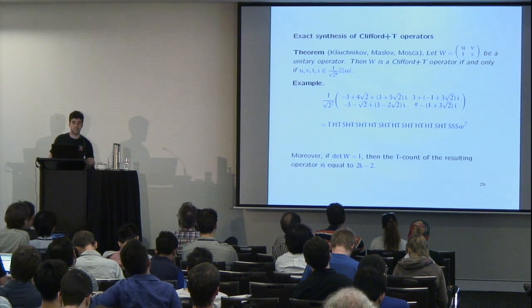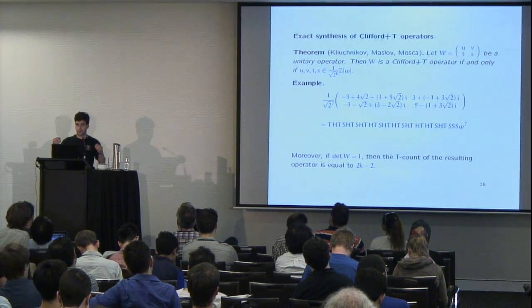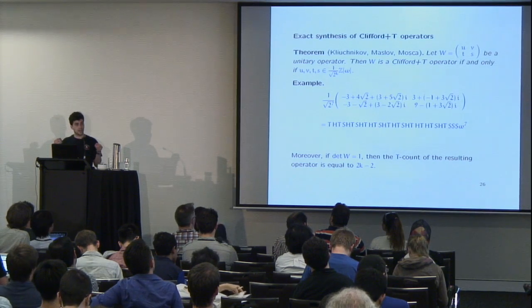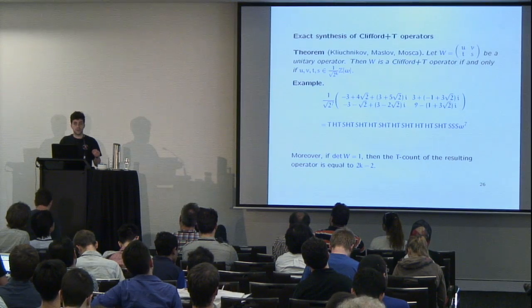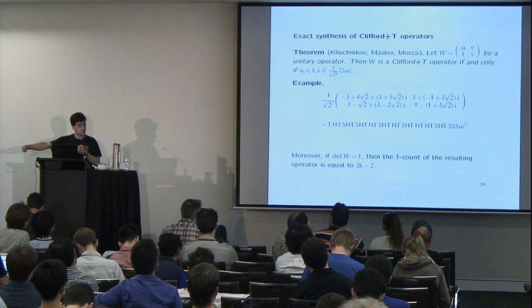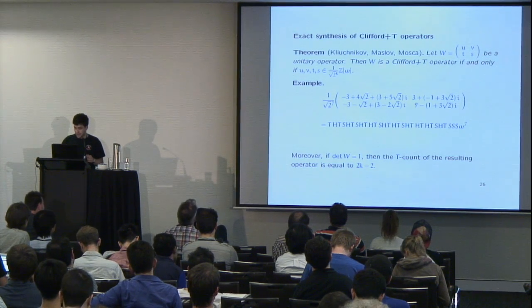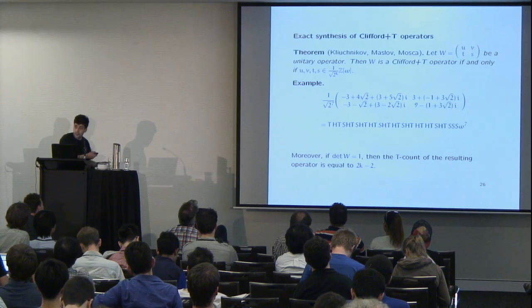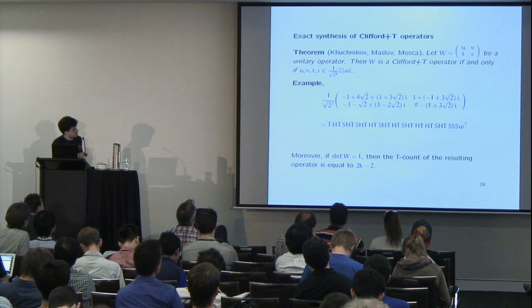That problem is: somebody gives you a unitary operator, and you want to decide if it's inside the Clifford+T group, and if the answer to that question is yes, then you also want to produce a circuit for that operator. And they gave an effective solution for this problem.